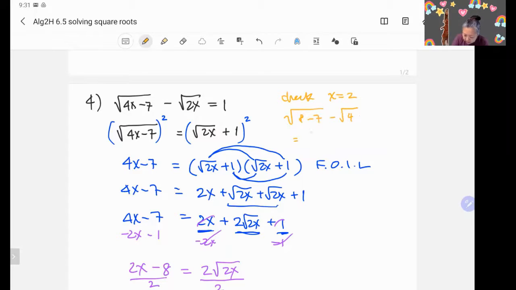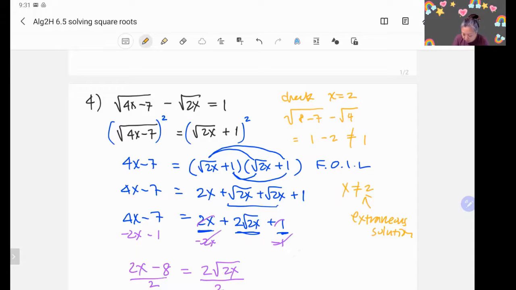So this is square root of 1, which is 1, minus square root of 4, which is 2, so that's negative 1, not 1. So 2 for x is not true. So x cannot be 2, and this is what? An extraneous solution.